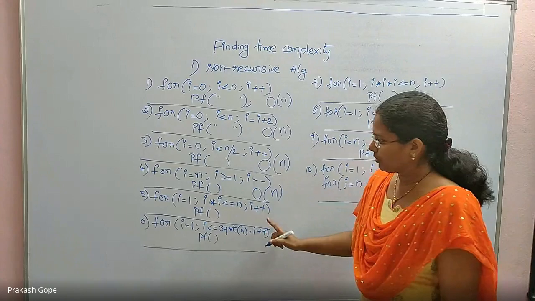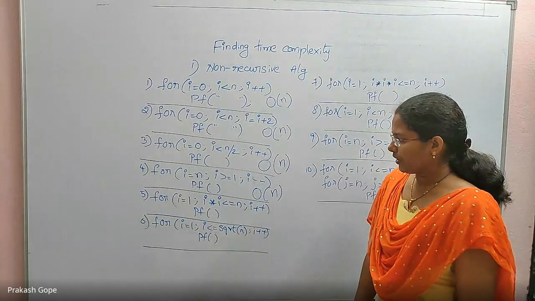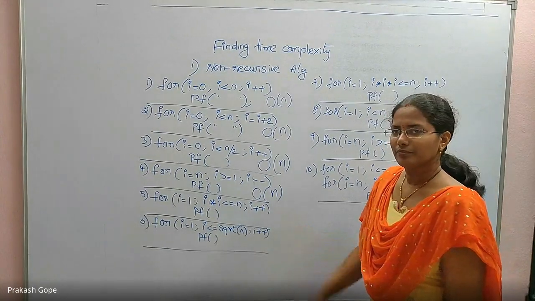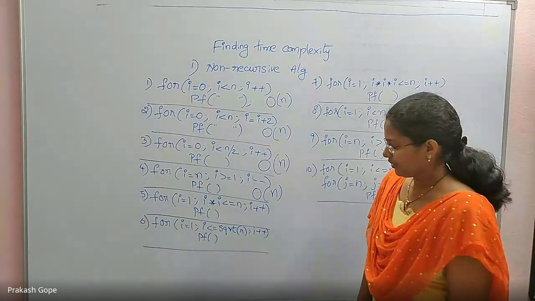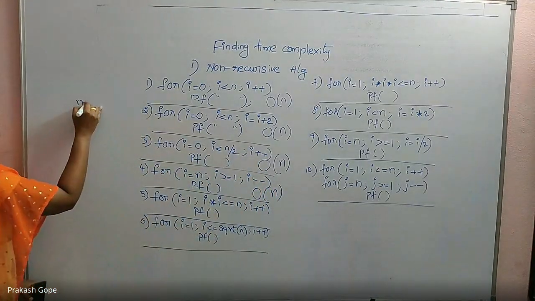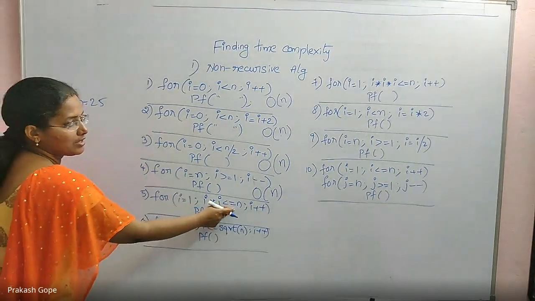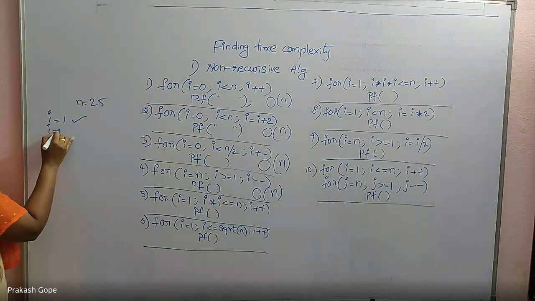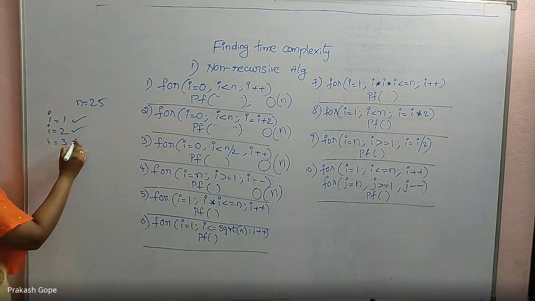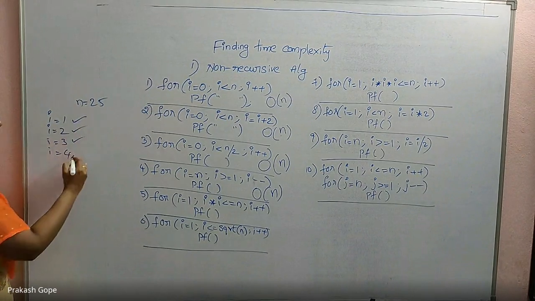Okay, next one. You should tell me this one. I equal to 1, I into I less than or equal to n, I plus plus. How many times? Root n, correct. Why? You can take an example and see. For example, n value I am taking as 25. I am starting with 1. 1 into 1 is less than or equal to 25, so it gets executed. I becomes 2. 2 into 2, 4 is less than or equal to 25. I becomes 3. 3 into 3, 9 is less than or equal to 25. I becomes 4. 4 into 4, 16 less than or equal to 25, true.